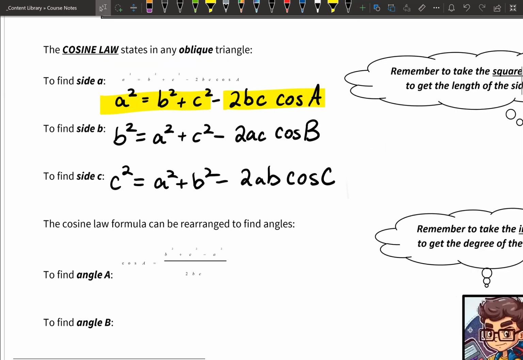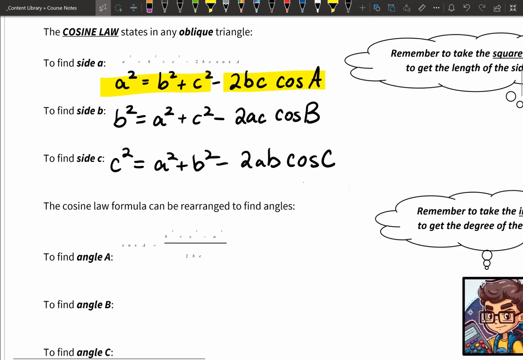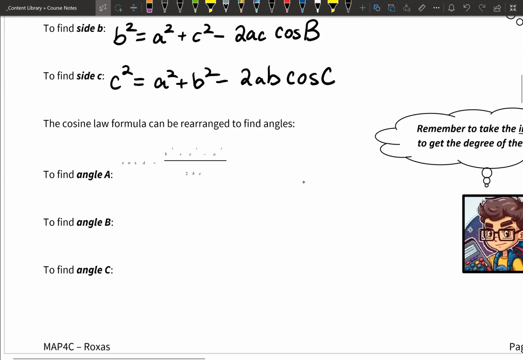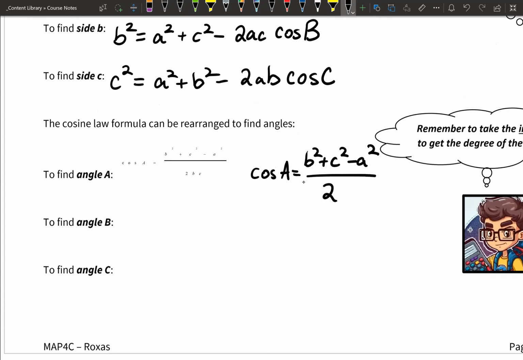Okay? You can also rearrange the formula to find angles. So if you're finding angle A in a triangle, it would be cosine of angle A equals b squared plus c squared minus a squared over 2bc.